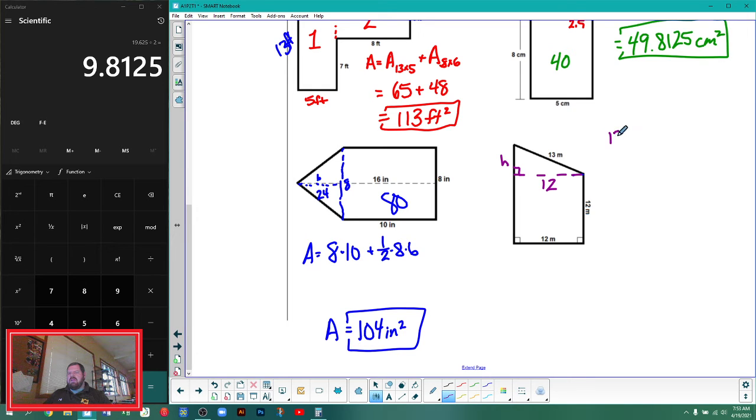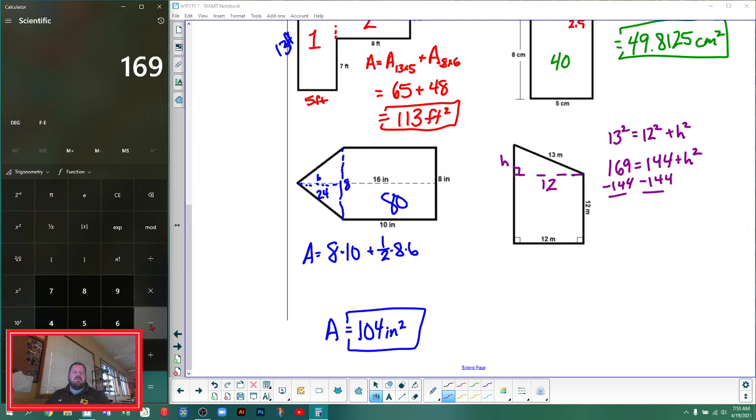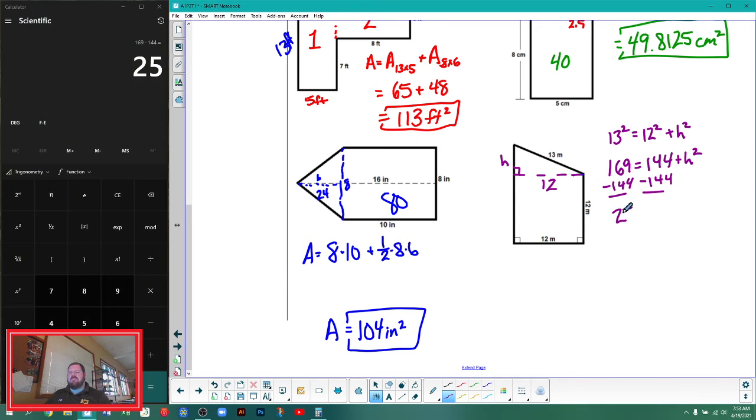And in Pythagorean Theorem, it would say that 13 squared is equal to 12 squared plus h squared. 13 squared is 169, 12 squared is 144, plus h squared. Subtract 144 on both sides. 169 minus 144 is 25.